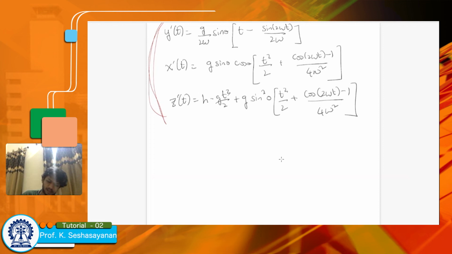In normal Newtonian mechanics, where we assume that we are in an inertial frame, we said z prime is nothing but h minus gt square by 2. That was it.